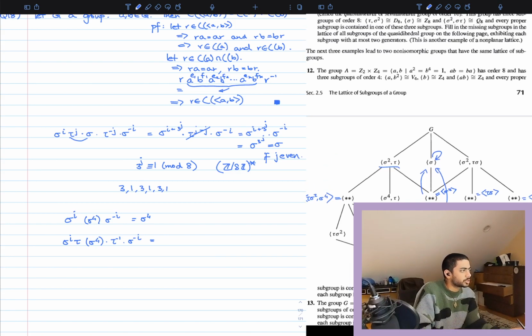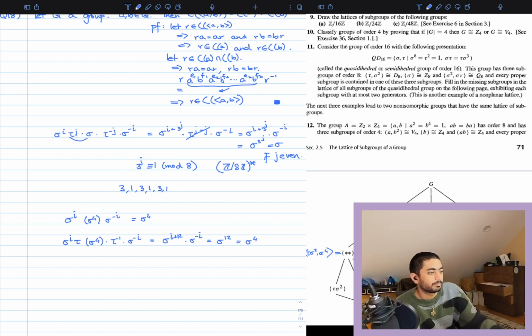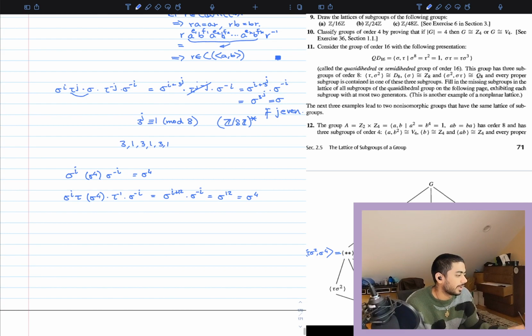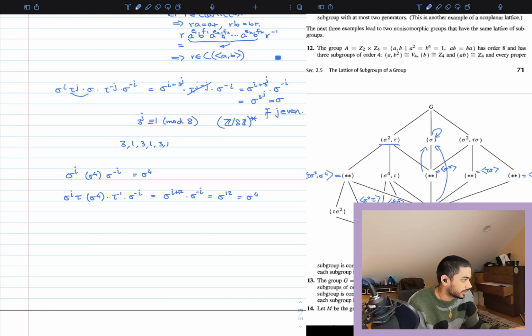Now, what was the rule to swap these two? The sigma becomes sigma cubed, right? So swapping these becomes sigma to the i plus 12 times sigma to the negative i, which comes out to sigma to the 12, which is in fact the same thing as sigma to the 4. So sigma to the 4 is special in that it commutes with everything, which is interesting.